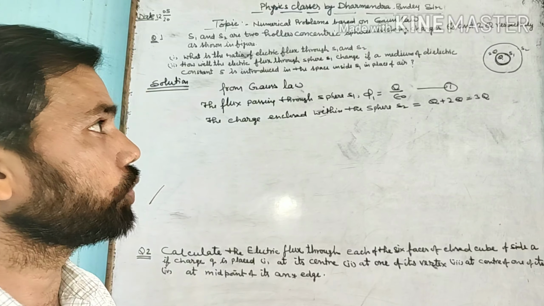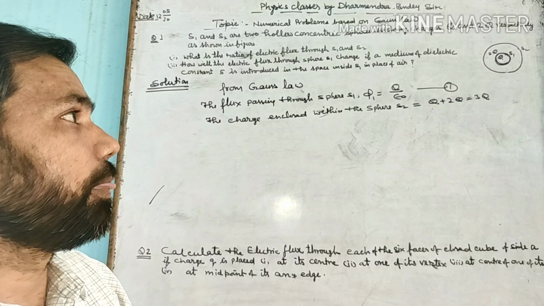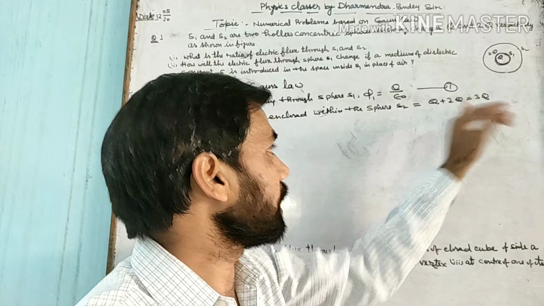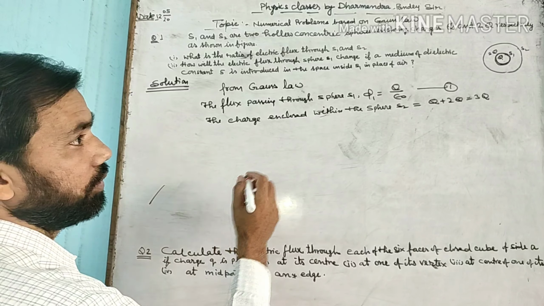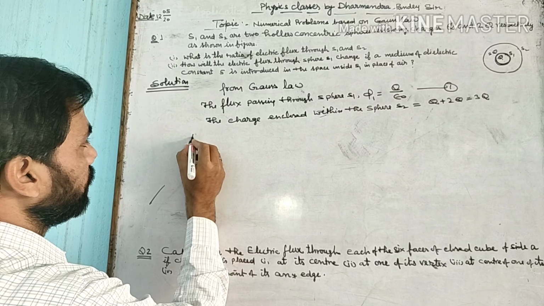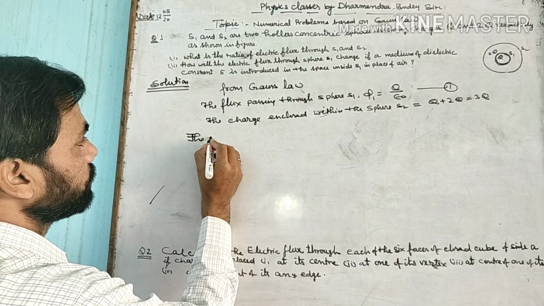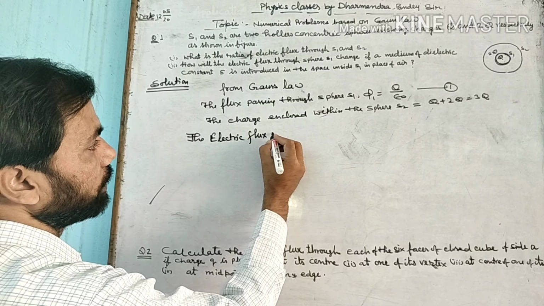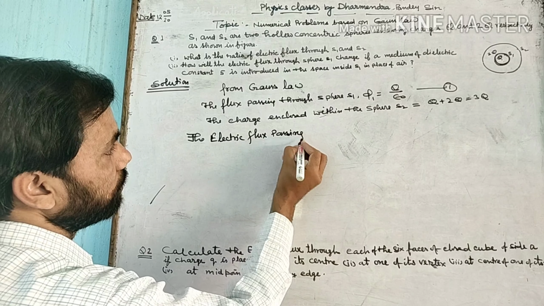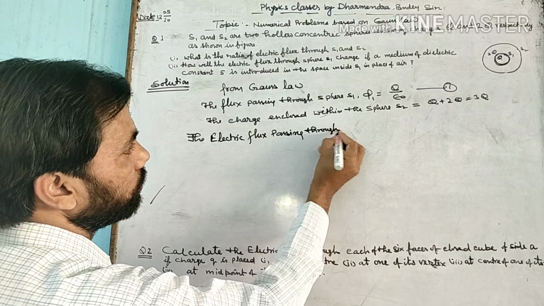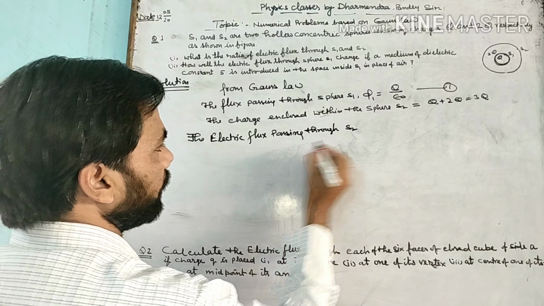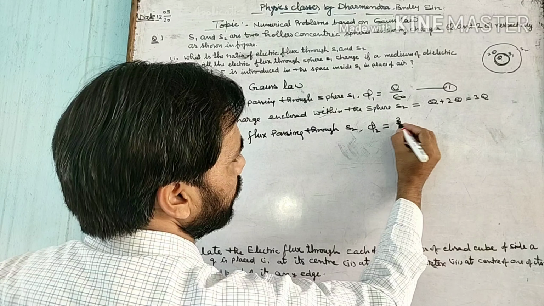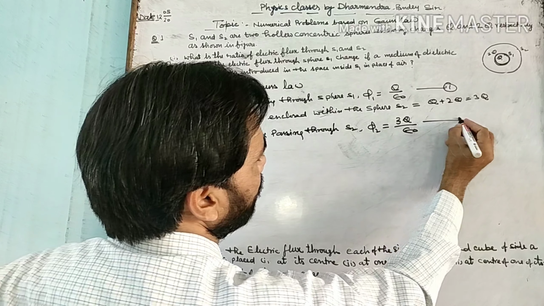So the total charge enclosed within S2, which is a Gaussian surface, will be 3Q. Now the electric flux passing through S2 can be written as phi 2 is equal to nothing but the total charge, 3Q upon epsilon 0. Let me write this as second.